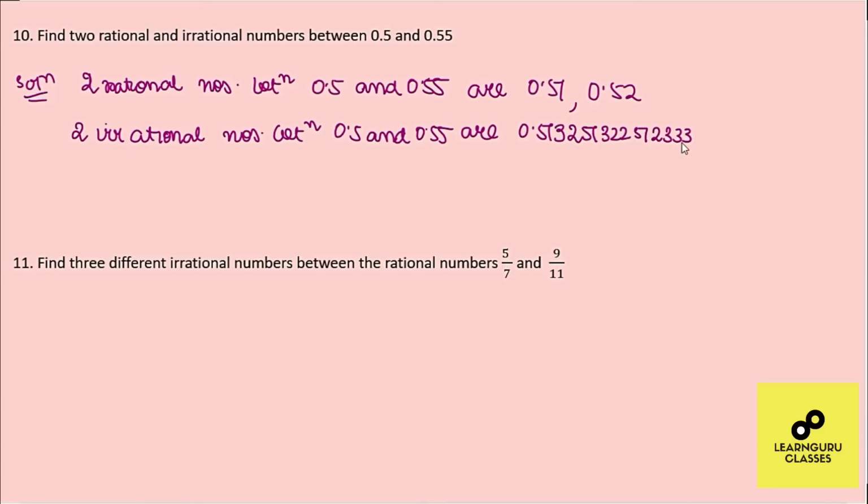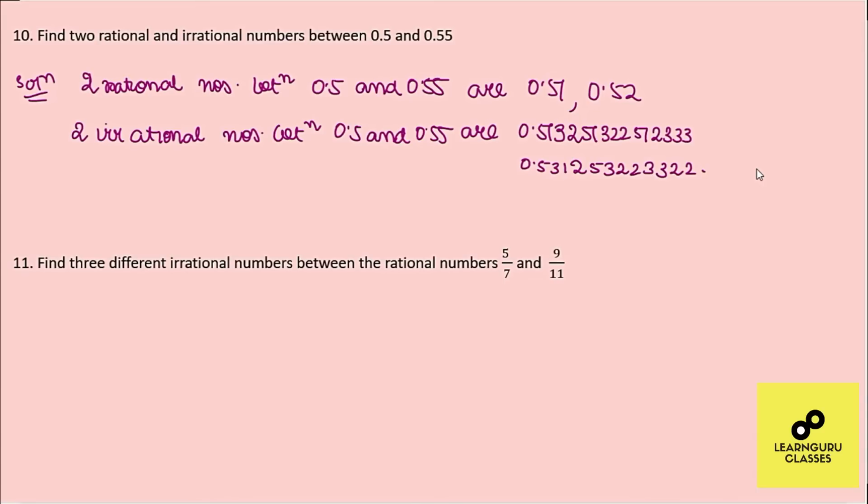Then next is 0.5312, 5322, 3322. So this is also an irrational number. You can make a non-terminating, non-repeating decimal expansion anyhow, as long as you maintain the sequence such that all the numbers are not repeating. So that will make a non-terminating, non-repeating decimal expansion.